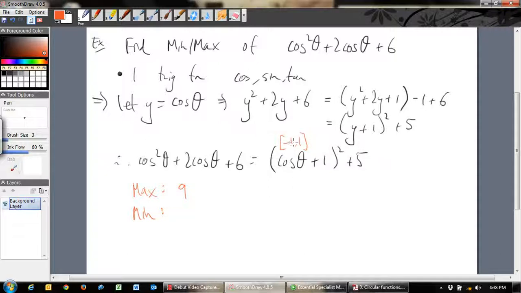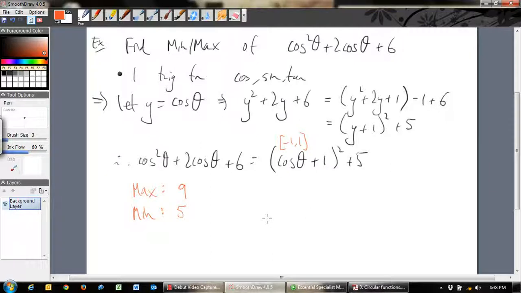If we went negative 1 here, because that's the smallest value of cos theta, negative 1 plus 1 is 0, 0 squared plus 5, and the minimum value is 5. I'll just check, what if cos theta was equal to 0? 0 plus 1, 1 squared, no, that won't be it. So there's our max and our min, perfect.